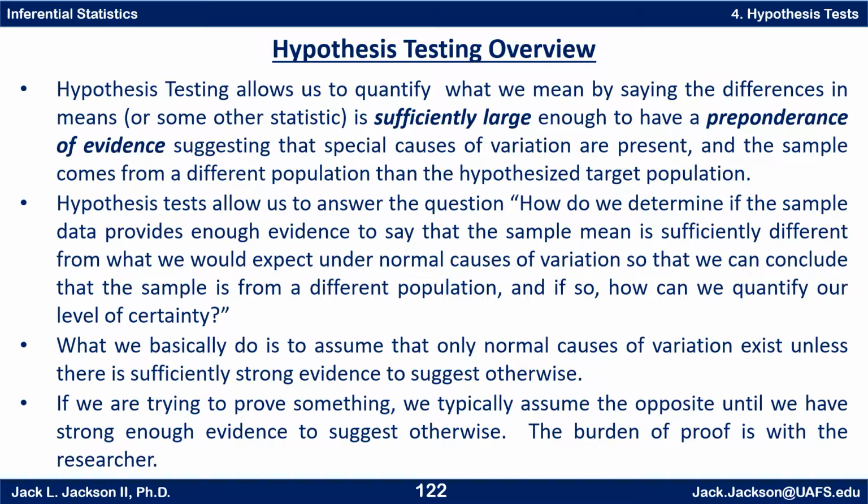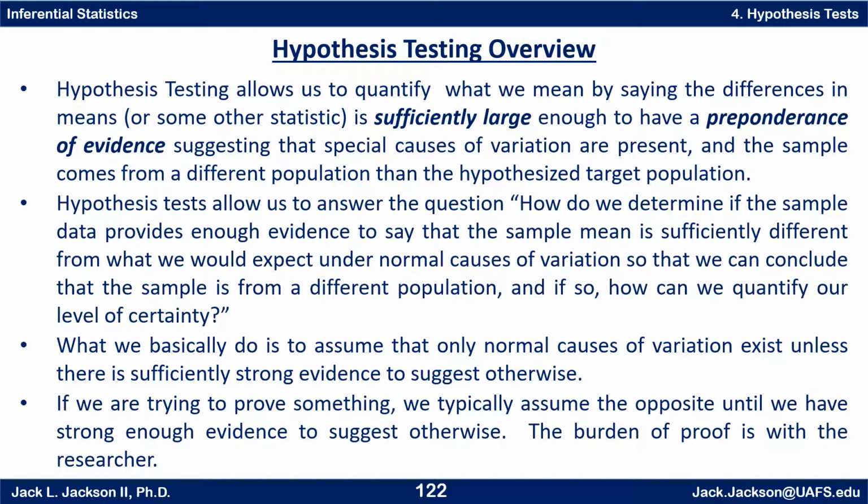So hypothesis tests allow us to answer the question: how do we determine if the sample data provides enough evidence to say that the sample mean is sufficiently different from what we would expect under normal causes of variation, so that we can conclude that the sample is really from a different population? And if so, how can we quantify our level of certainty?